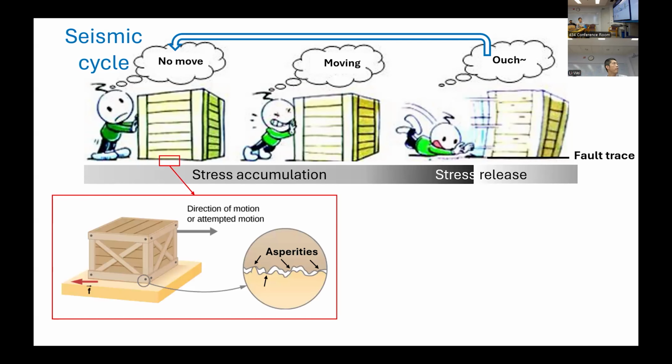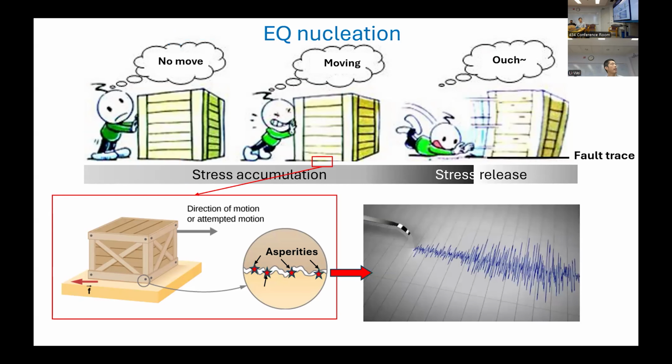If you come much closer to that box, you can realize they actually have a lot of asperities between the box and the ground. Once you have some small, fast slip on the interface of the asperities, you will generate a small earthquake.